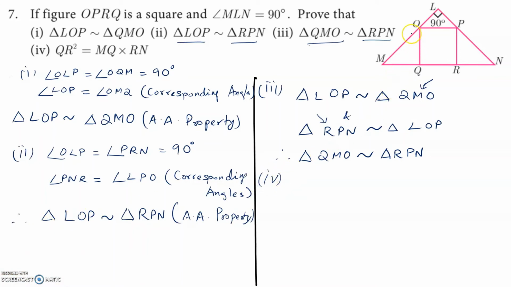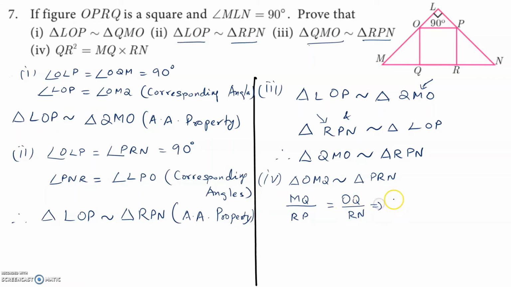Since OMQ and PRN are similar triangles, we can say that the sides are proportionate. Triangle OMQ is similar to triangle PRN. So therefore, we can say MQ by RP is equal to OQ by RN.